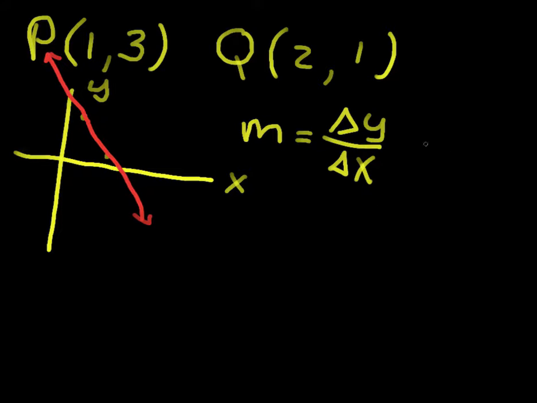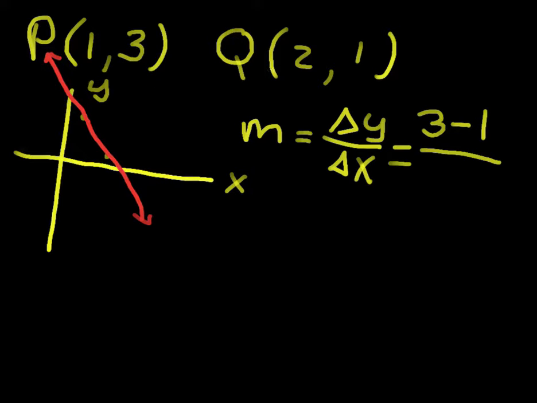So change in y simply says, okay, let's look at the difference of my 2 y points. My first y point is 3, the second one is 1. So the change in y is 3 minus 1. Whereas for the change in x, I'm going to use the same order. I can't switch orders.